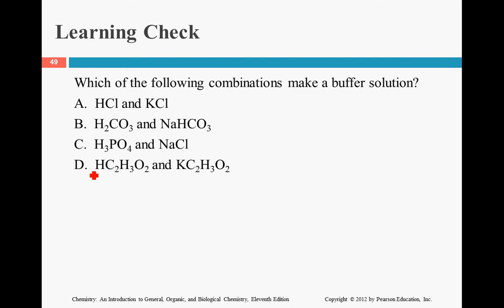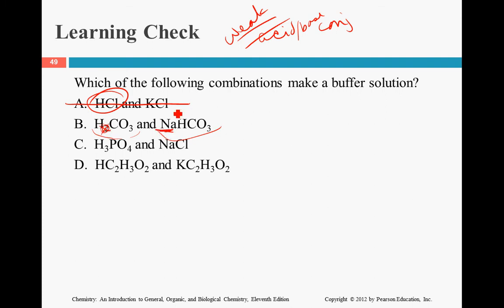So remember the rules. It has to be an acid-base conjugate pair, and it has to be weak. So a strong acid, weak base conjugate pair is not going to work. If we look at HCl and KCl, HCl is a strong acid, so that's not going to work. H2CO3 and NaHCO3 will work, because if you take away one of the hydrogens and replace it with a metal ion, that's an acid-base conjugate pair.